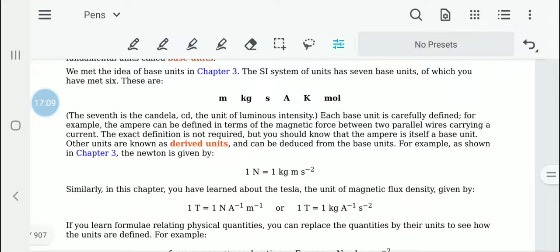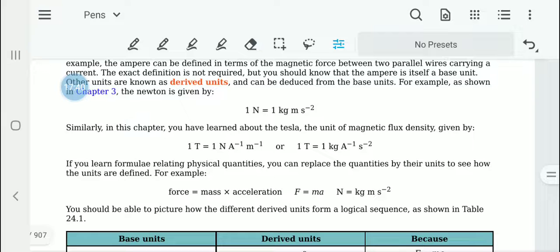So that results in the definition of the force, 1 Newton. So you should be able to derive any derived unit by using the base units and also by using the definition. I hope you understood this one.